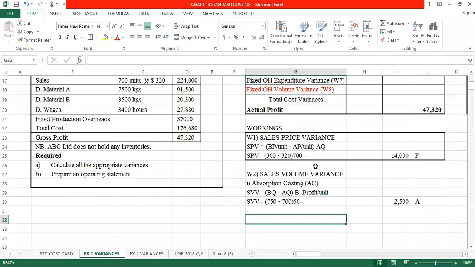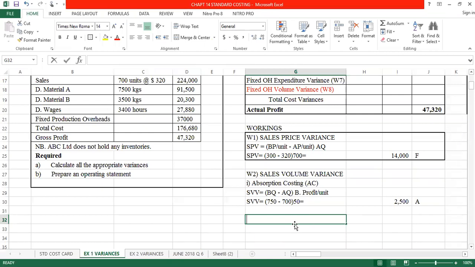You just compare what was budgeted to what was actually incurred. I hope, Ellie, we are together. It's an absolute value, so you ignore the positives and the negatives.